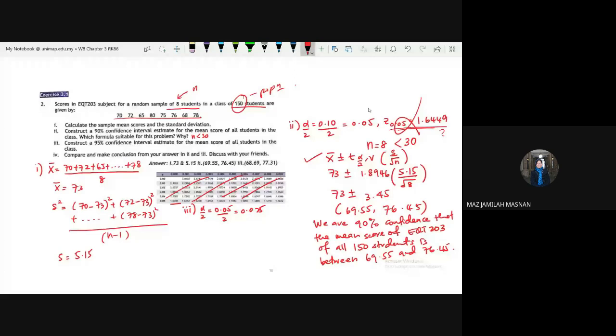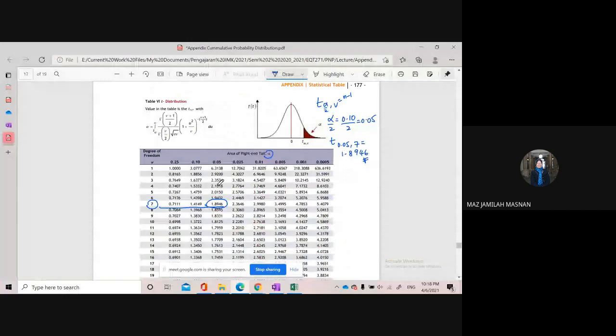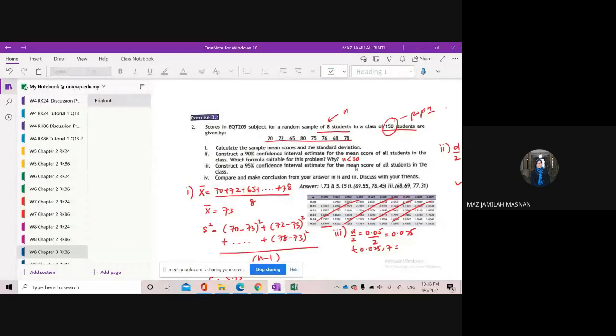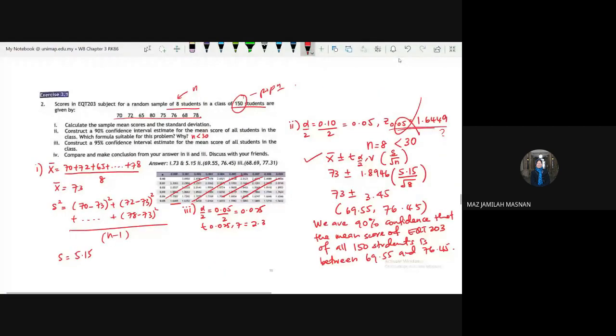If you look for t 0.025, 7, what is the value? You will have a larger critical value, 2.3646.